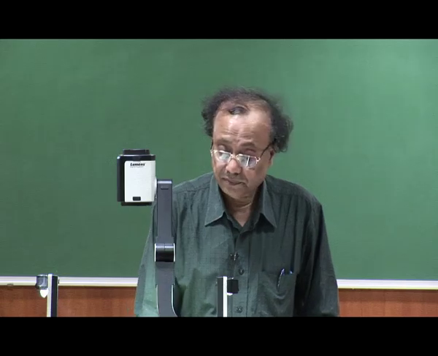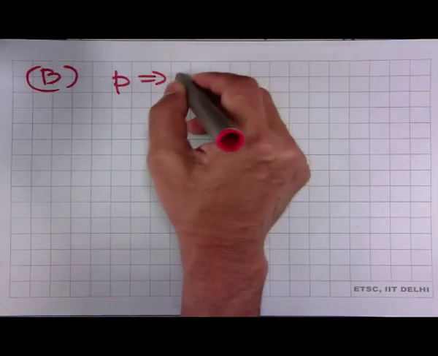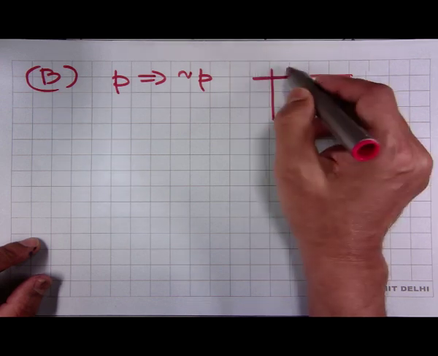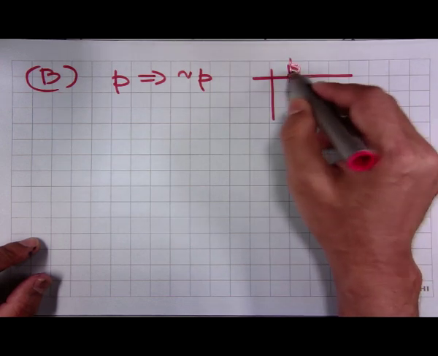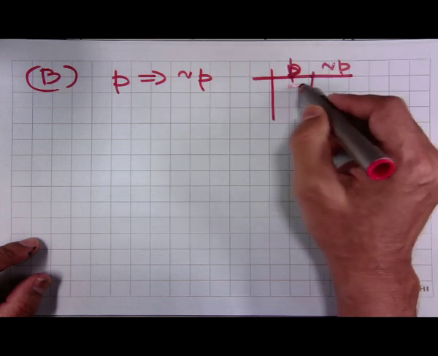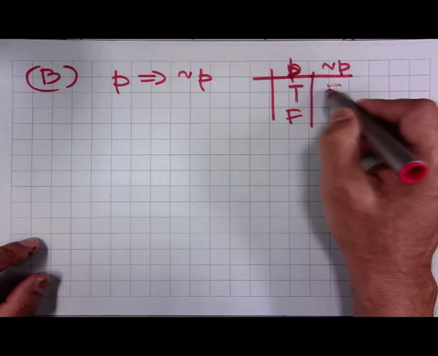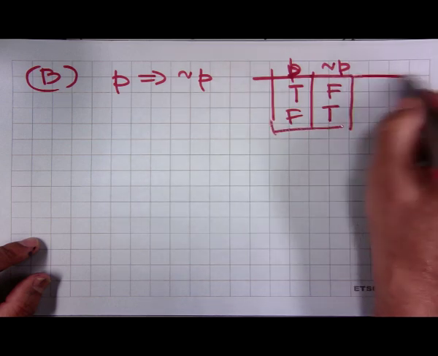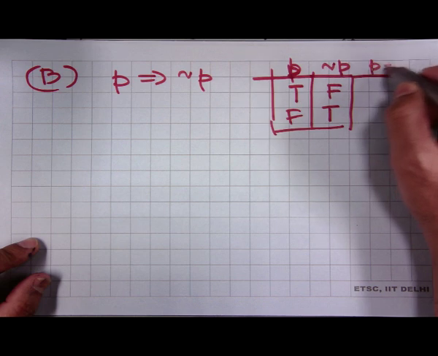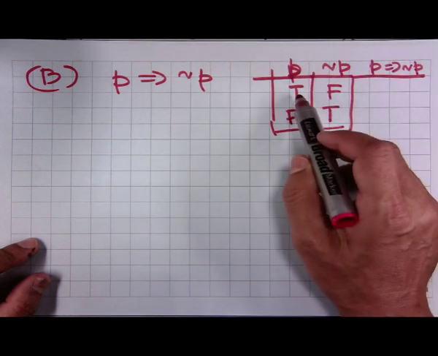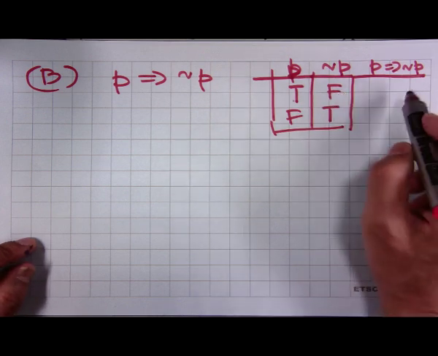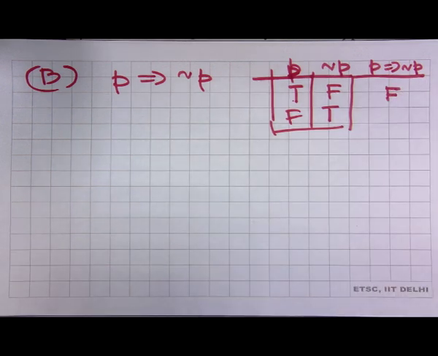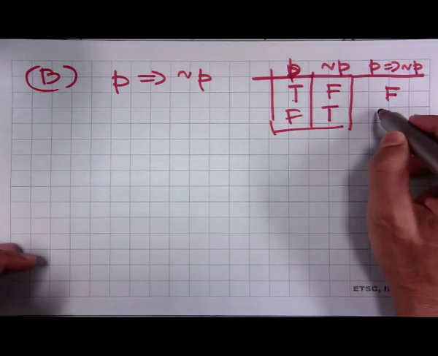What about this, P implies not P? We have P and not P: true, false, false, true, and P implies not P, true implies false is false, and false implies true is true.